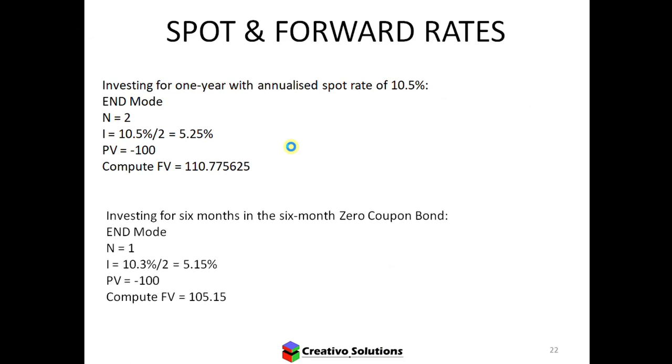If I now invest for a period of 6 months in the 6-month zero coupon bond, then I need to determine what the current future value is going to be. So if I do that calculation, you'll see if I invest for 1 period and I have that 6-month coupon rate, that's going to give me a future value of 105.15.